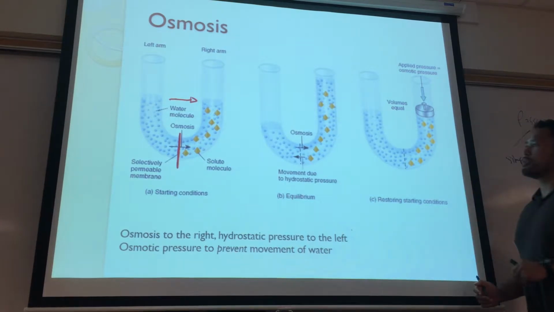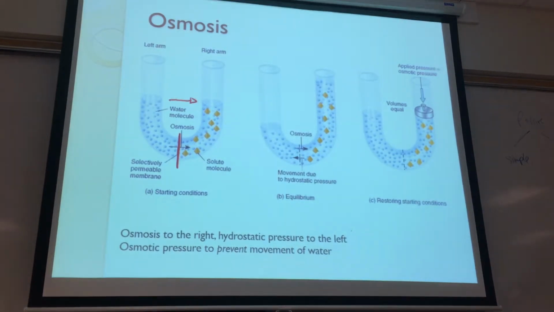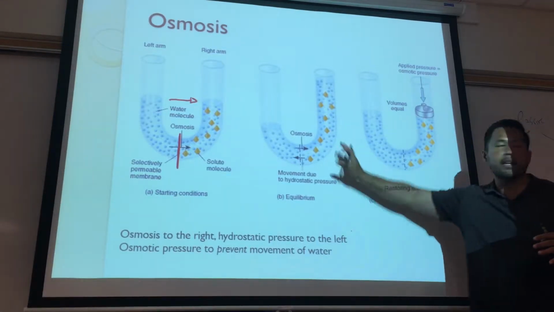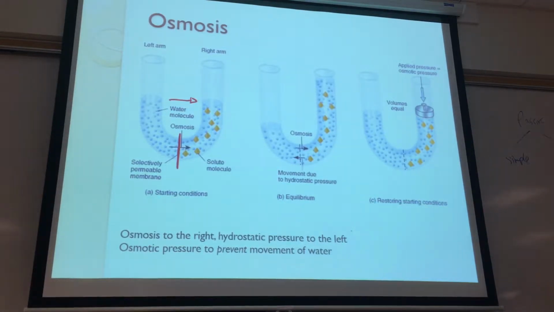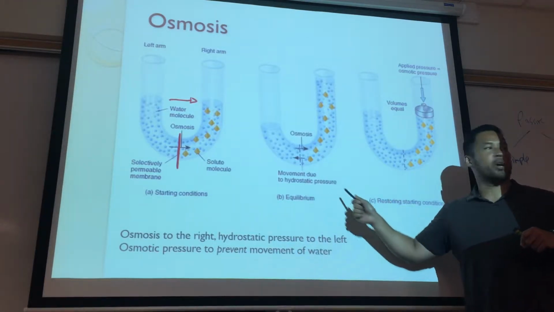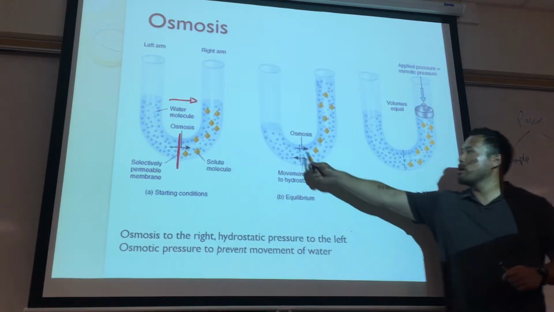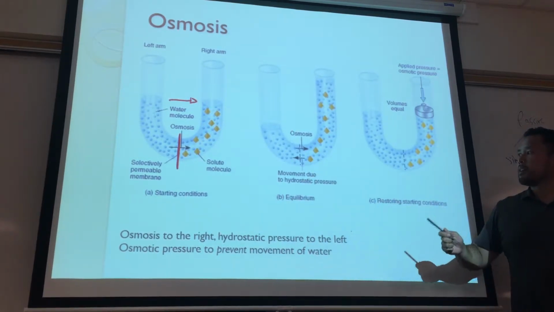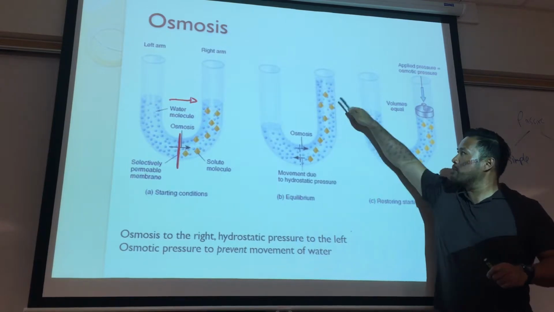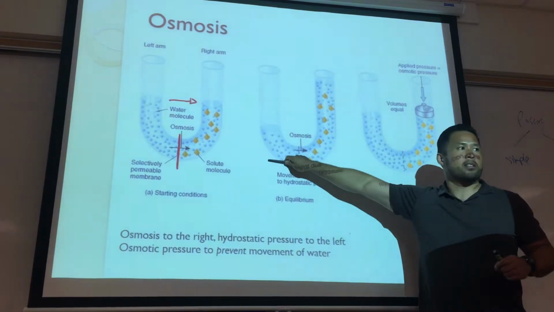And that is called hydrostatic pressure. So hydrostatic pressure is due to the large volume on the right side. And eventually, those water molecules can't push any further. So if osmosis is the direction to the right, hydrostatic pressure is the pressure pushing back due to the weight of the column back to the left.